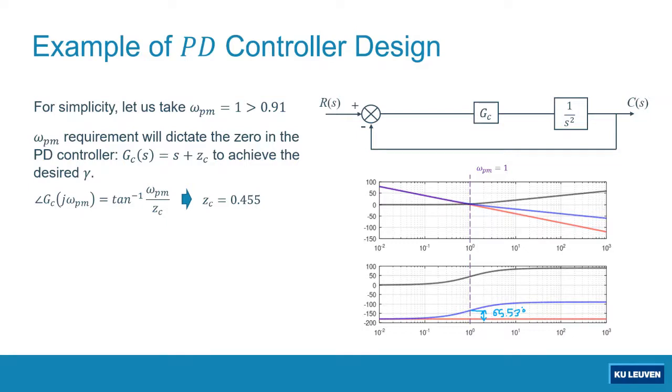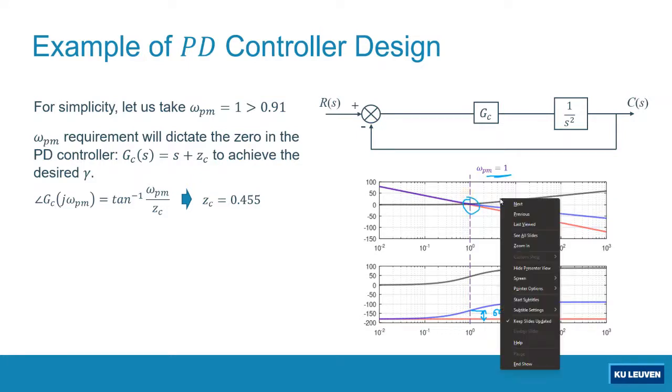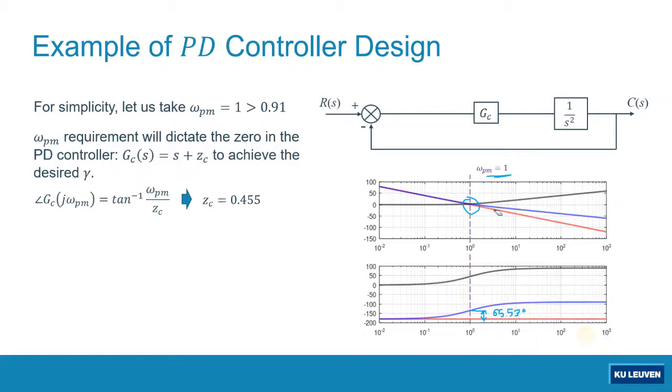I have already mentioned before, by coincidence at this phase margin frequency, the magnitude is already close to 0 dB, but in fact this is not really 0 dB, it's just close to 0 dB. So how to design the KC in our PD controller?